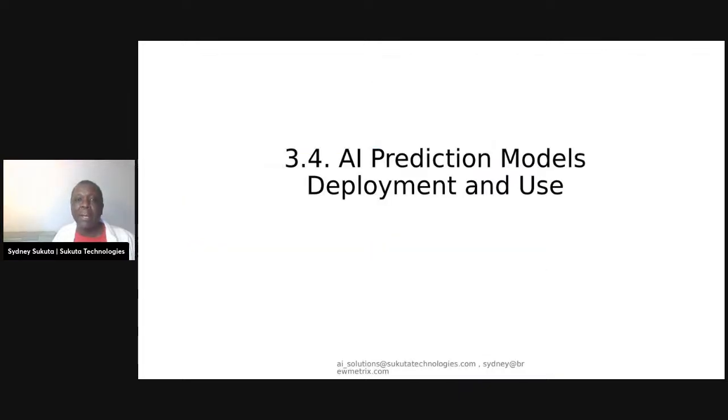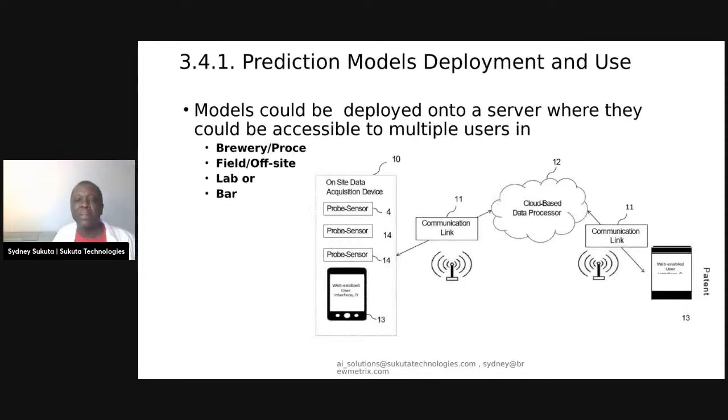Next, let's delve a little bit more into the deployment of these models. The way I work is we have our users here. A probe is like a user, probe 1, 2, 3, with wireless communication. A user can communicate with a server where the algorithm resides.